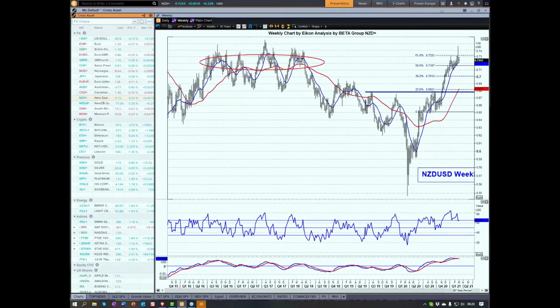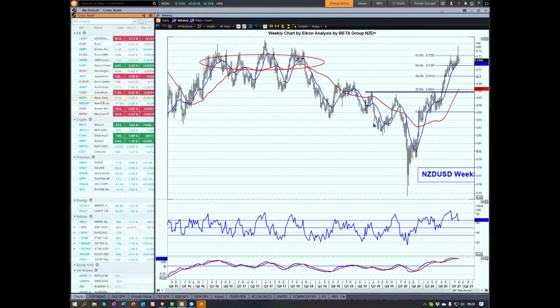But what I'm doing is drawing this ellipse, just to mark the consolidation ahead. So when we're moving up like this, as we were doing in the New Zealand dollar, we look left. What happened the last time we were here? The last time we were here, there were enough sellers between 2016 and 2018 to halt the advance.